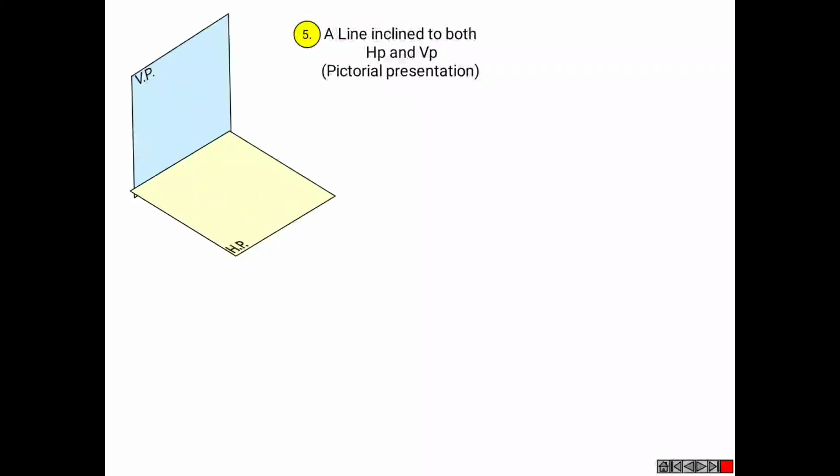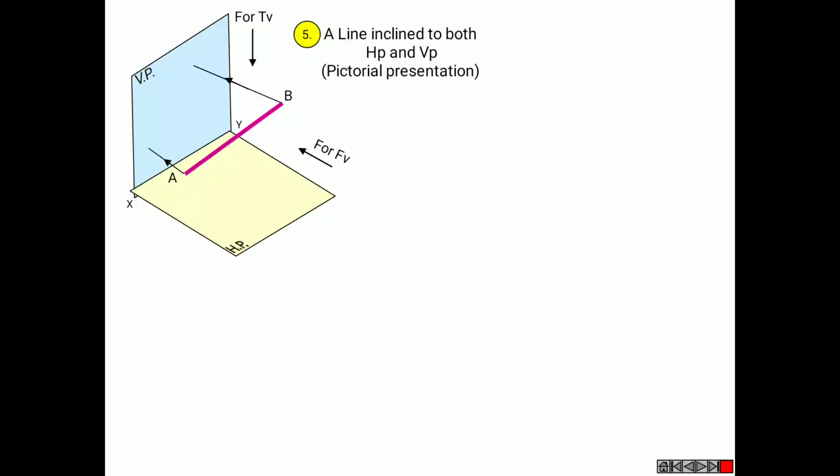We'll see the pictorial presentation with VP and HP and the center XY axis line. We have placed an AB line in such a way that it is inclined to both HP as well as VP.